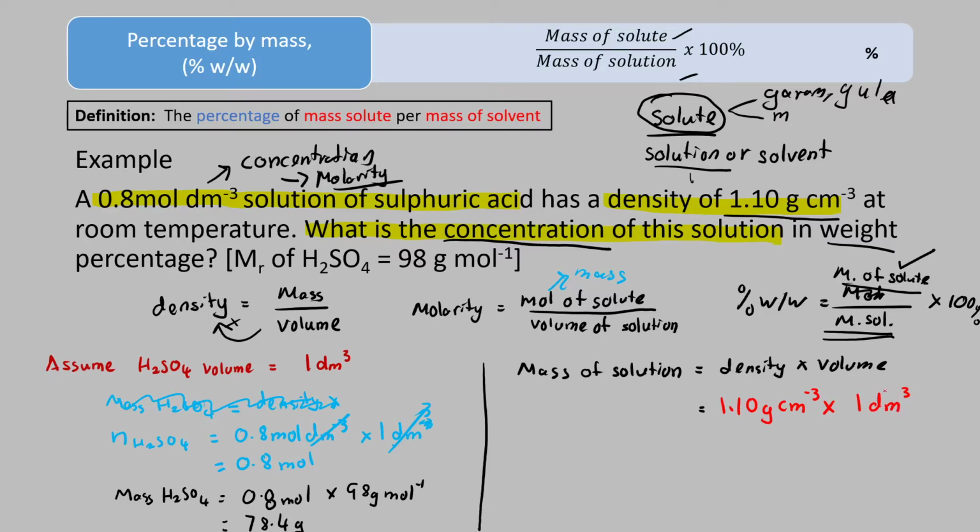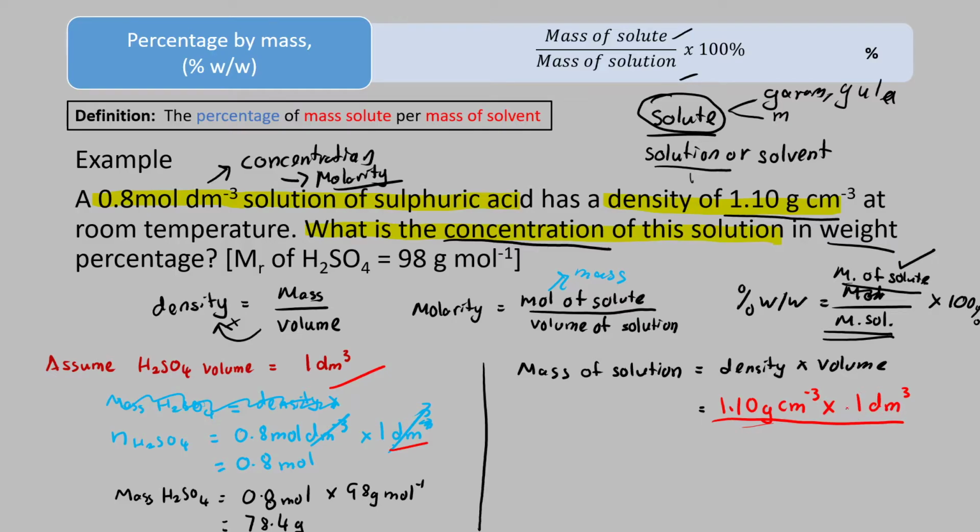One thing I want you guys to take note lah, you boleh nak assume dia punya volume tu any volume, okay? Doesn't have to be 1. Why I assume it 1? Because it's easy kan, so darab 1 dia dapat. And also I choose dm cube because untuk sini senang. Kalau I choose cm cube, I kena ubah dekat sini lah, sini senang. Since I already choose 1 dm cube, untuk darab ni it doesn't make sense kan, cm cube nak darab dm cube, so you have to change.